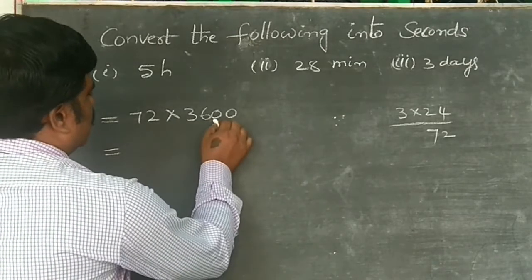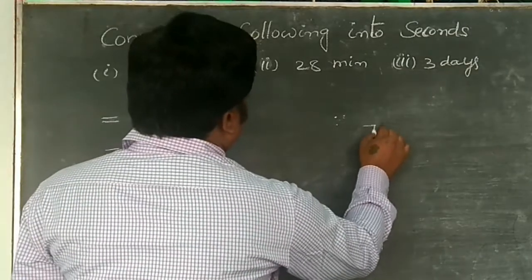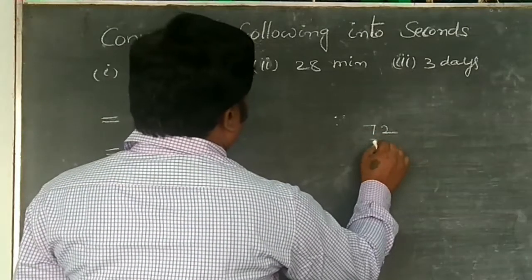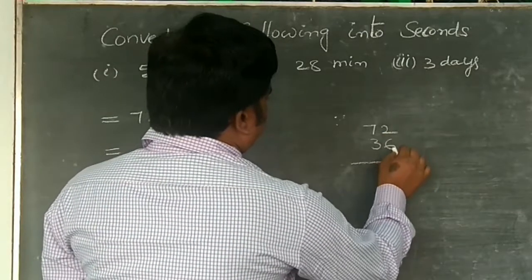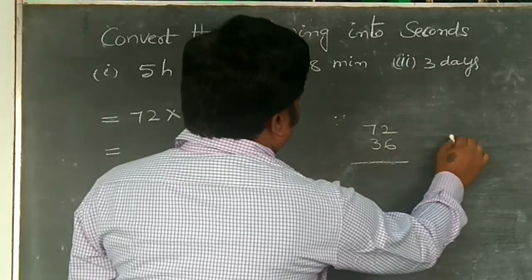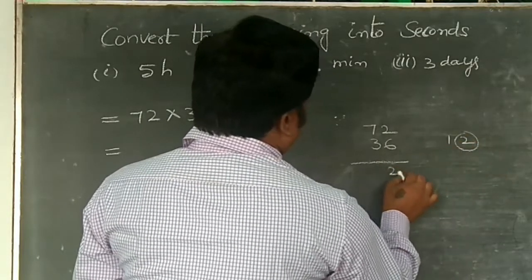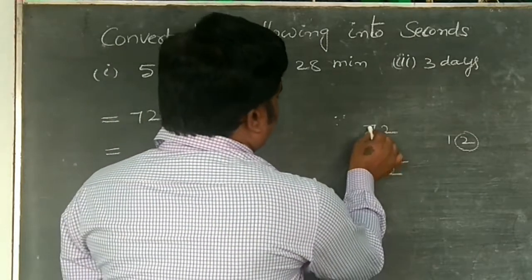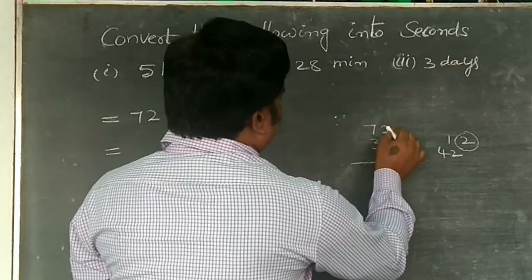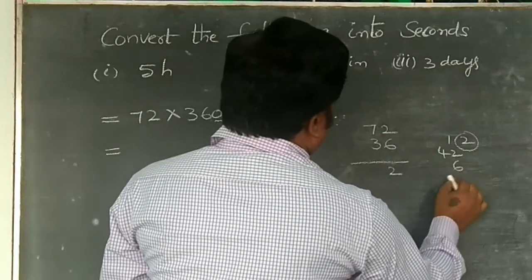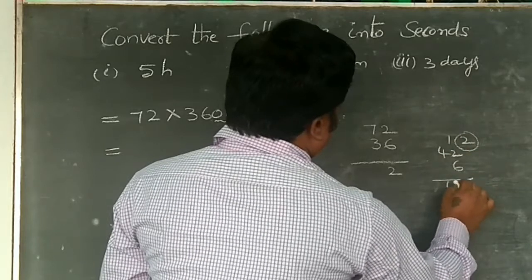First of all we leave 2 zeros. First of all we multiply 72 into 36. 6 twos are 12. We write 2 here, and 7 sixes are 42, and 1 carried plus 42 is 43... add these, 6 and 3 is 9, 49.